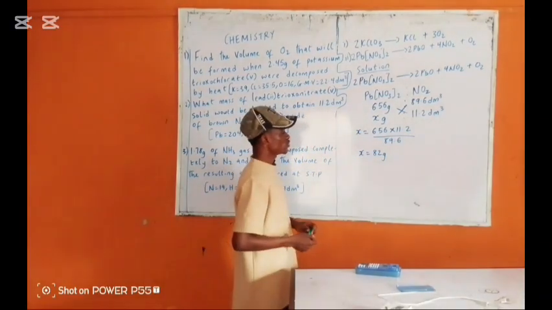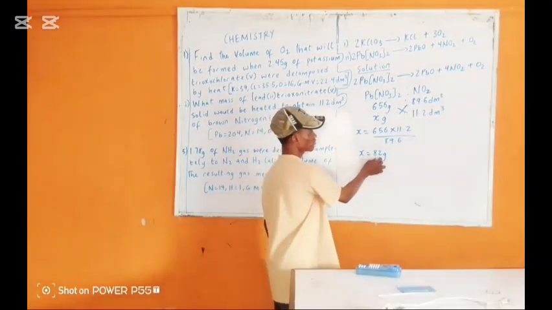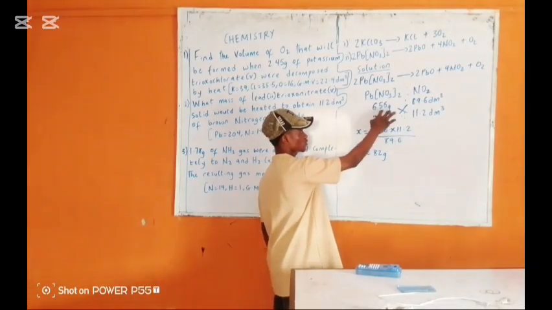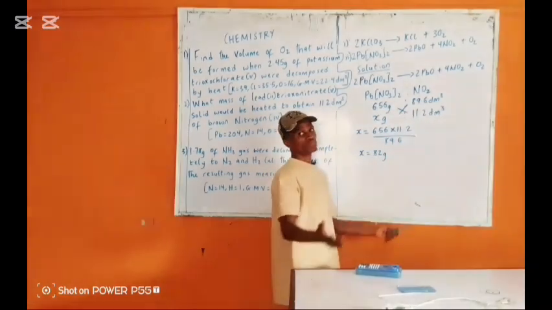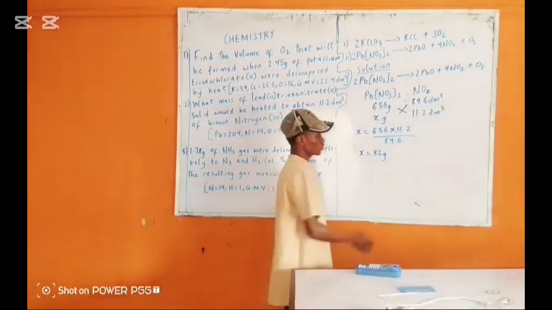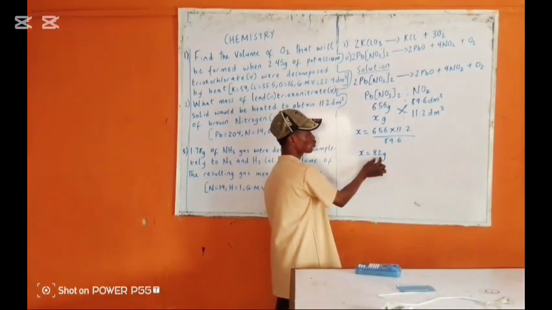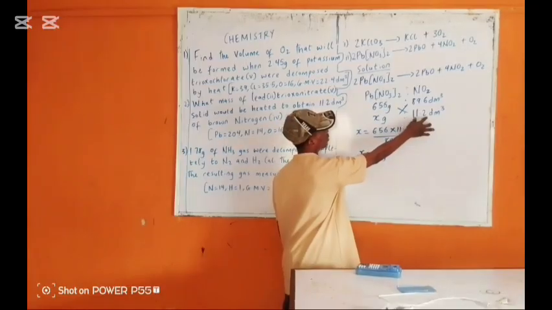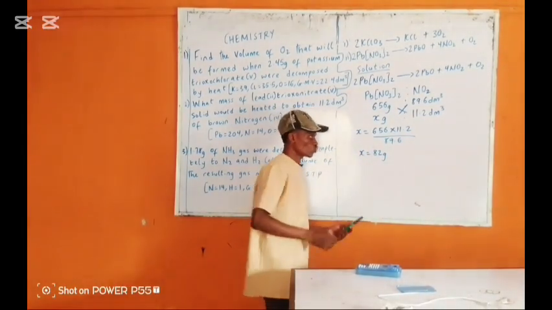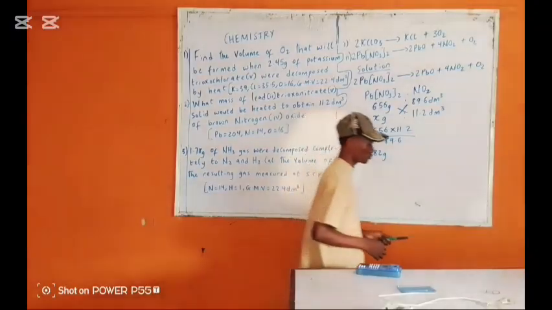So we make use of 82 gram, which is much smaller than 656. When we use 656, we get a much bigger volume. So when we use this small mass, we also get a smaller volume. That is for number 2.